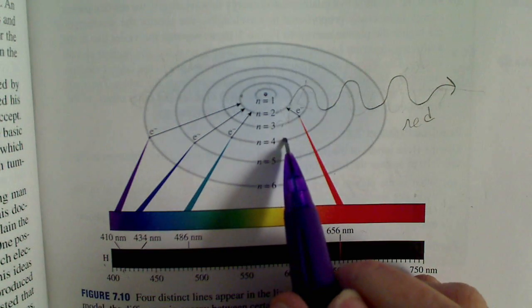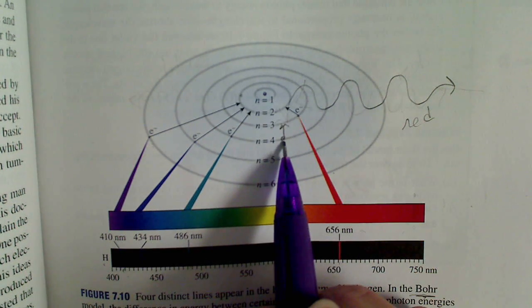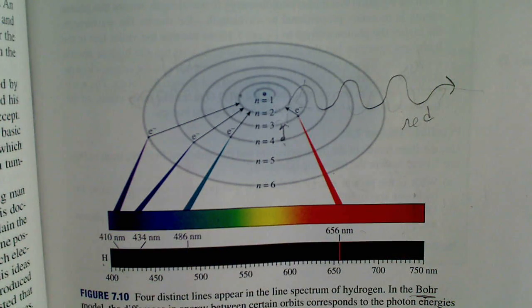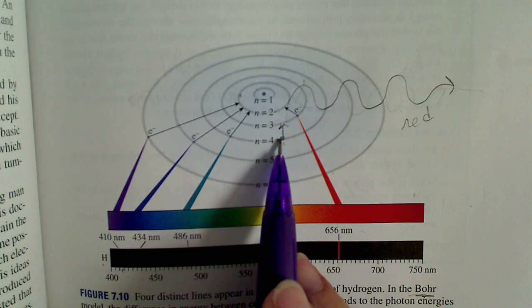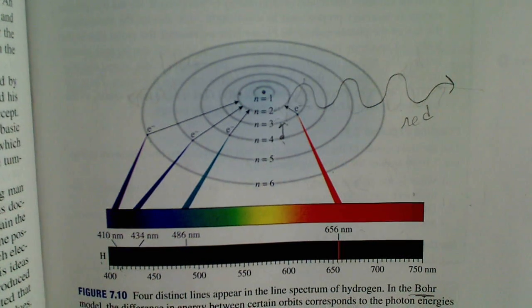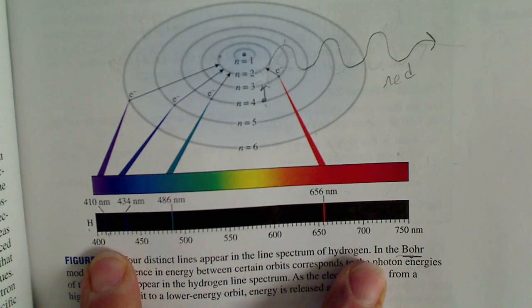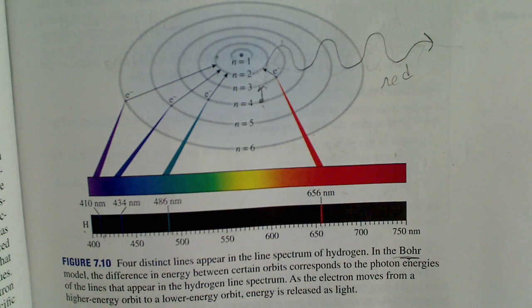If we calculated this transition, the 3 to 4, that transition has too low of an energy to show up in the visible part of the spectrum. So that would fall in the infrared part of the spectrum. So the only transitions we can see are those where our eyes pick up, and that's between about 400 and 700 nanometers.